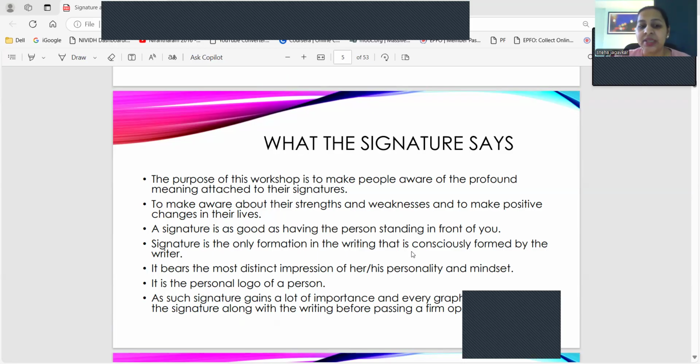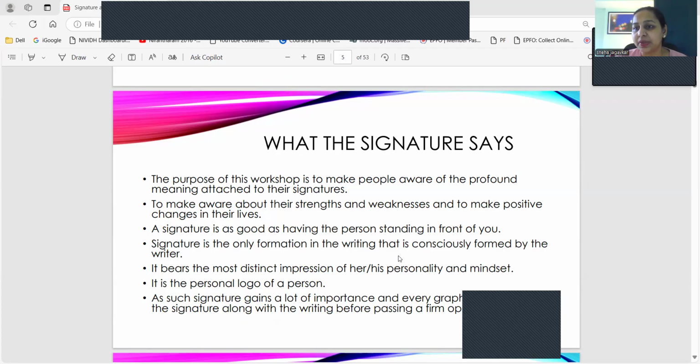Now, as I've already said earlier, a signature is as good as having the person standing right in front of you. A signature is the only formation that the writer does very consciously, right? It bears the most distinct impression of his or her personality and mindset.